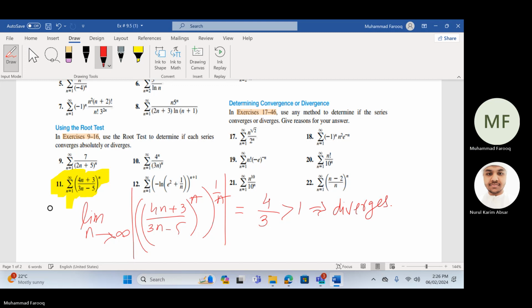Maybe some questions can be answered by another topic. Yes, it's quite possible. Let's try the 18th question. Can you try the 18th question by the root test, please? Root test, 18th question.